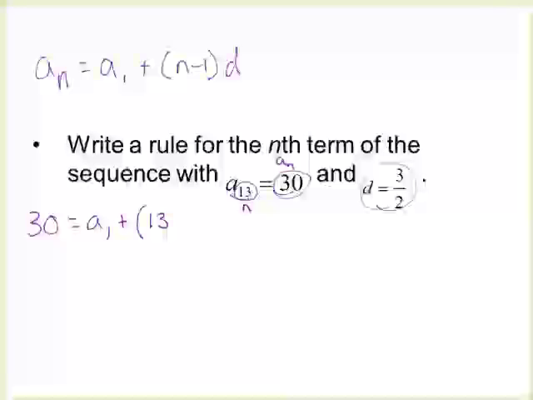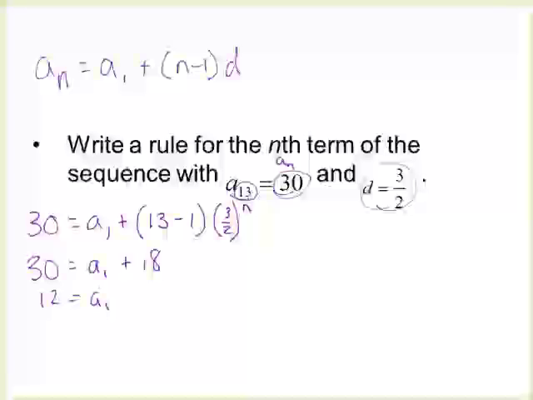It's the 13th term in line, minus 1, and the difference is 3/2 or 1.5. So 13 minus 1 is 12, times 1.5 is 18. We'll subtract that 18 from both sides and find that our first term is 12.